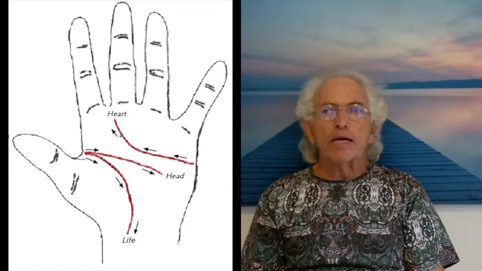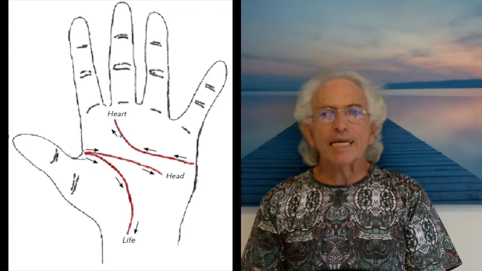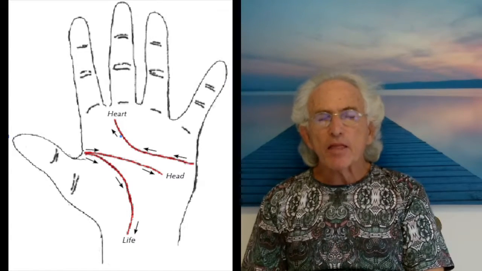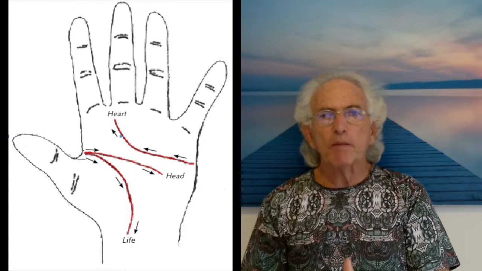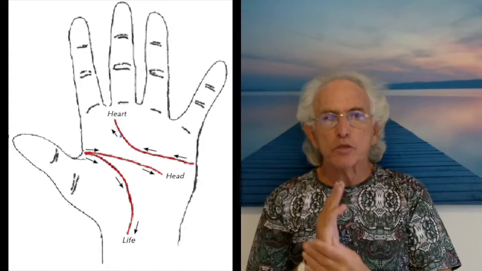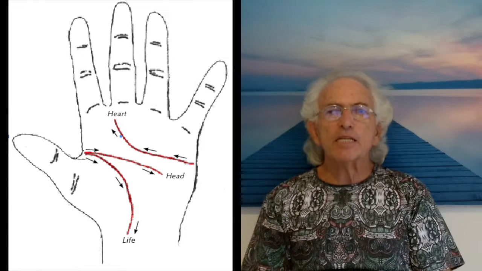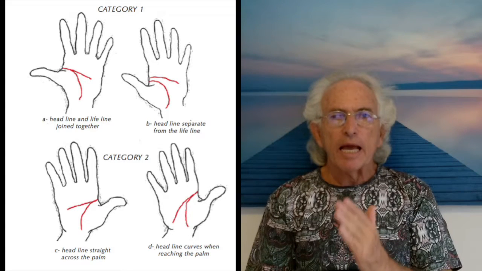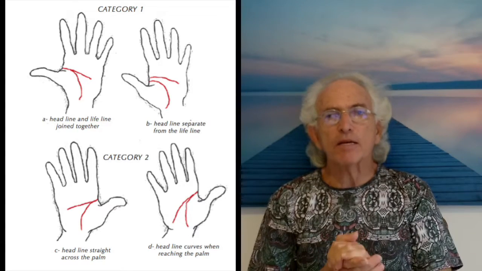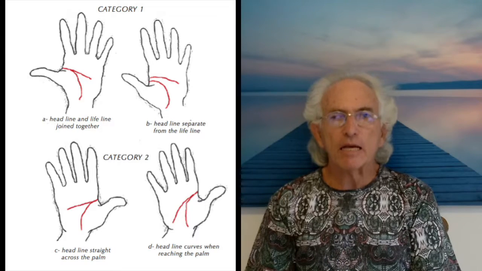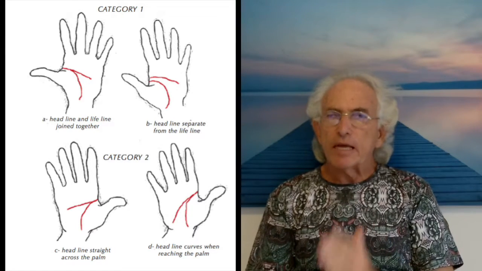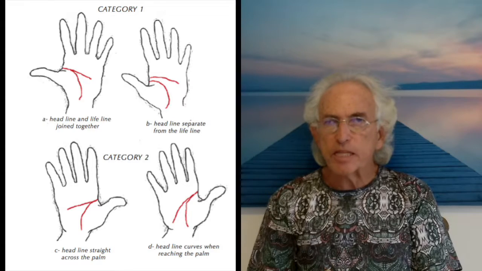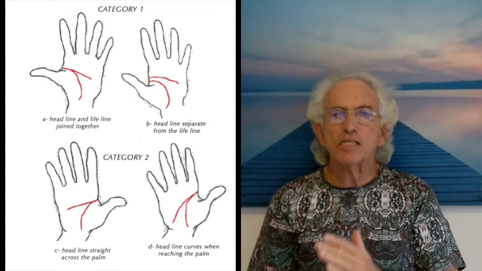Okay, so now as you see in the diagram, the headline begins by the thumb on the anterior portion of the palm, and it then travels out towards the moon. So there's a classification of the headline, and the headline can fit into 4 categories. The first category is when the headline begins attached to the lifeline, or the headline begins separate from the lifeline.